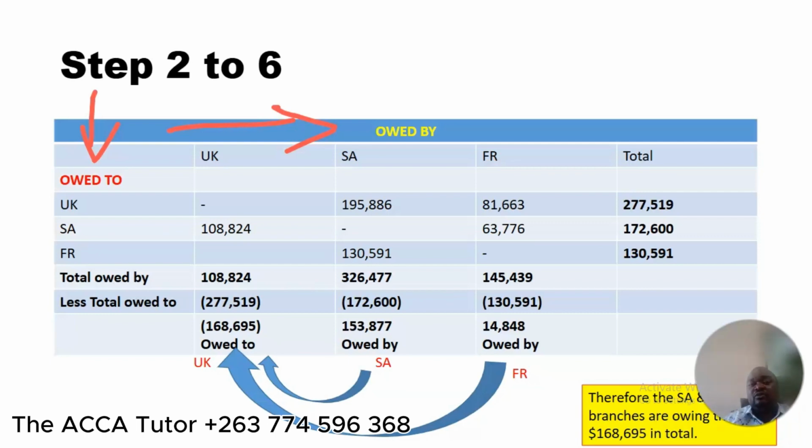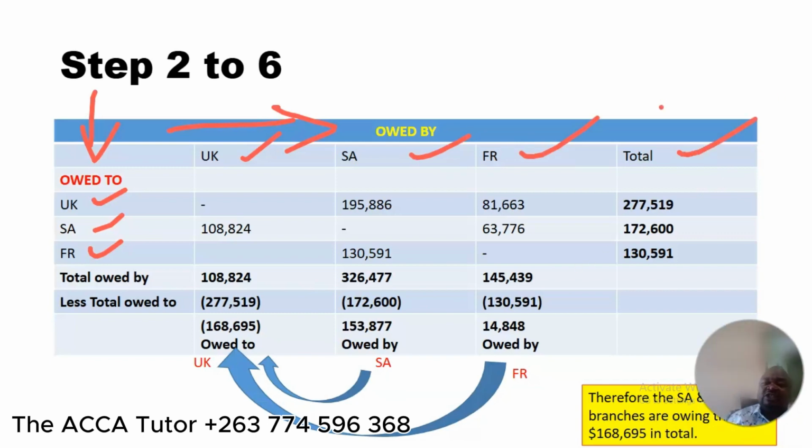By the end of the day, with the matrix, you need to understand what will be happening with your figures. There are three companies we are talking about here. We've got the UK company, UK, SA, and so forth. And then on top again, your columns should also be UK, SA, and so forth. And then you get your totals.